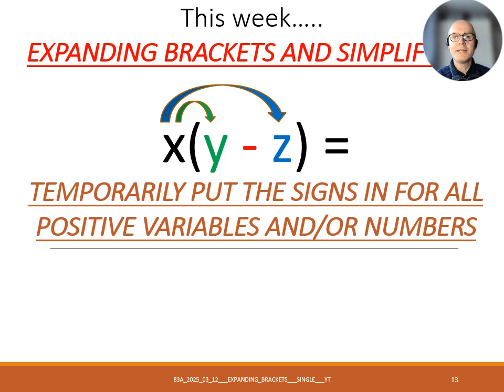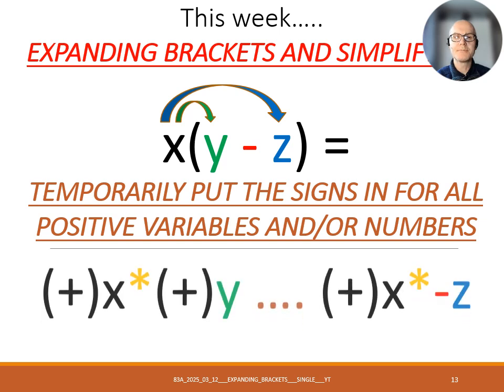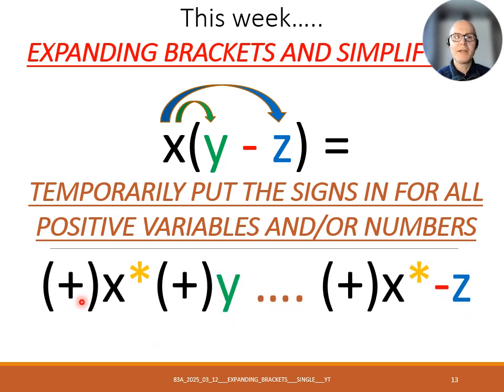Same method, temporarily put the signs back in for any positive variables or positive numbers. So we have positive x times positive y, and for the second part of our equation we have positive x times negative z.